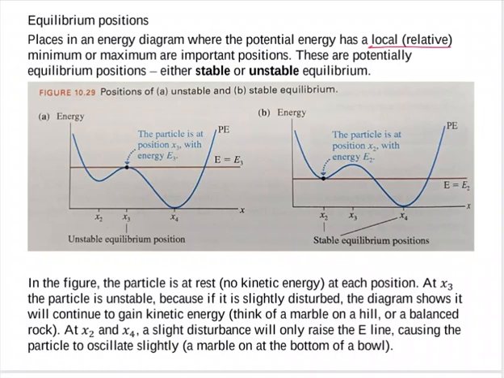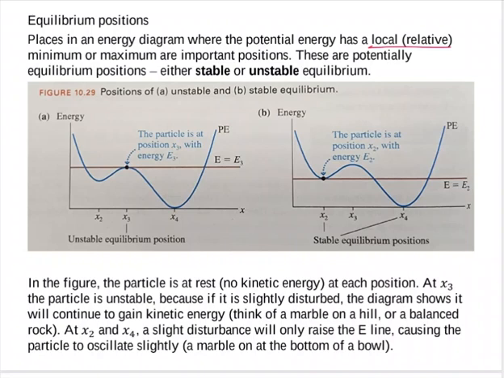Unstable would be barely able to hang on, but you are hanging on. Stable would be you're hanging on and perfectly able to just rest easy, okay? At rest, so stopped. So positions of A, unstable, and B, stable equilibrium.